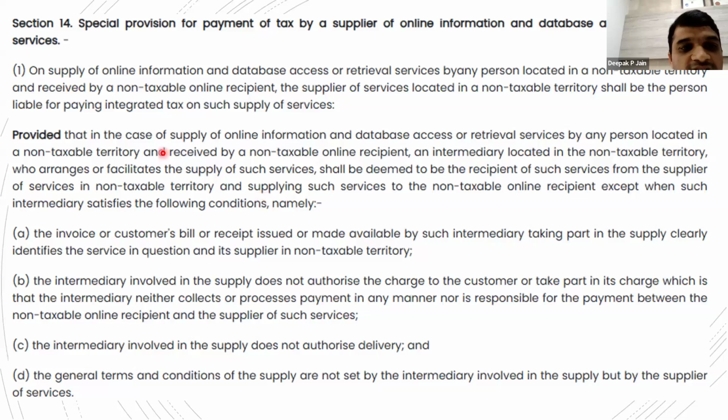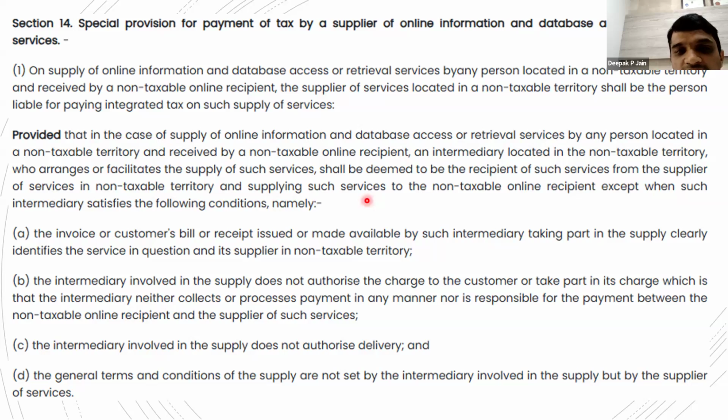Then the proviso says that in case of supply of OIDR services by any person located in a non-taxable territory, received by a non-taxable online recipient who is an intermediary located in the non-taxable territory, arranging or facilitating the supply of such services, the intermediary shall be deemed to be the recipient. So the intermediary is deemed to be the recipient of such service from the supplier and supplying such services.